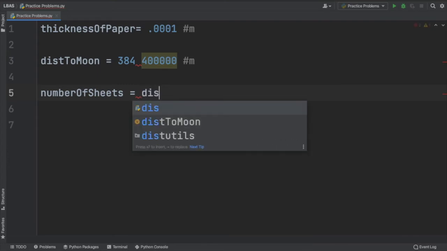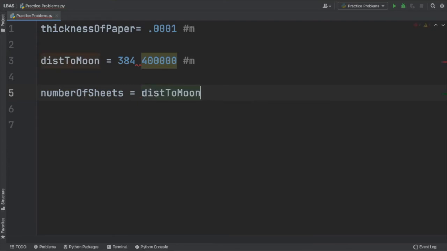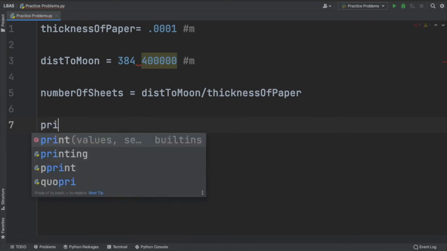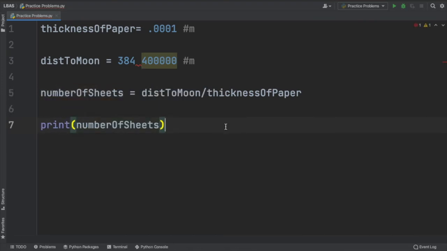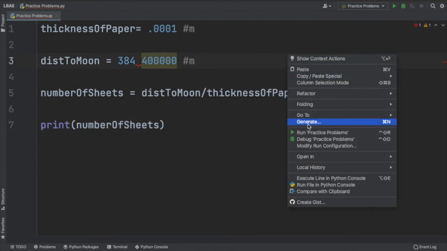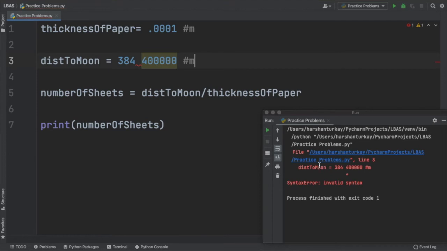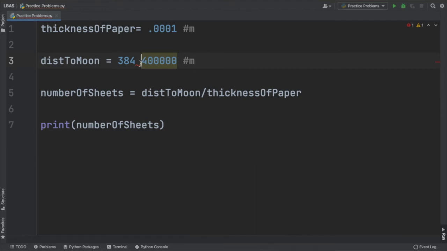So distance to moon divided by thickness of paper. Now let's print number of sheets. Okay, now if we run this program, we should get, okay, alright, I'm sorry, I just copy pasted it.